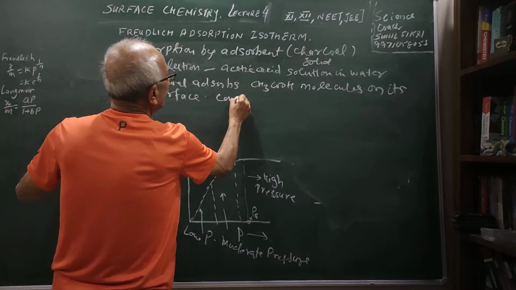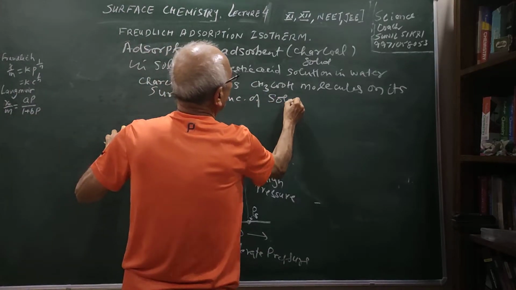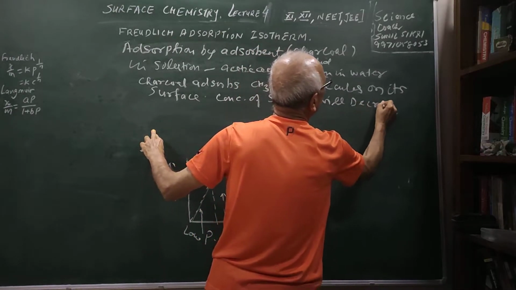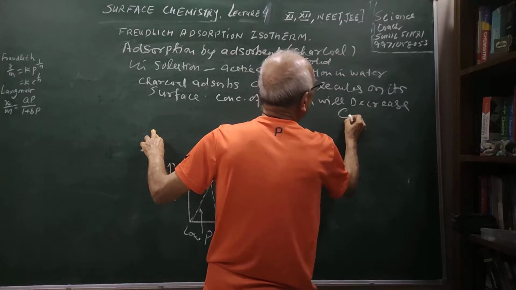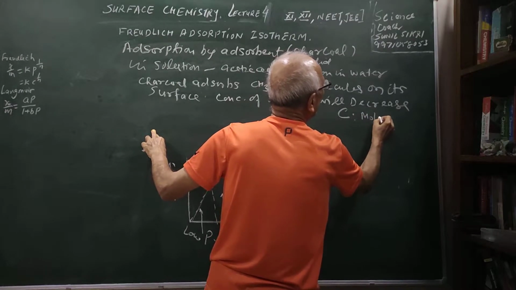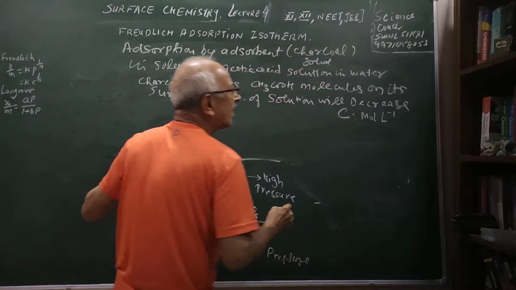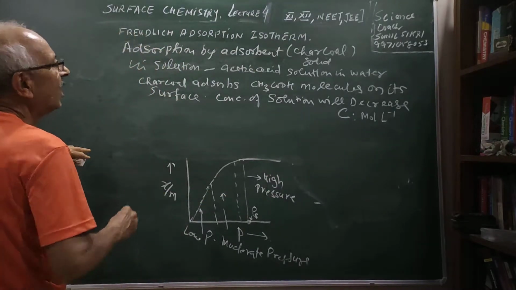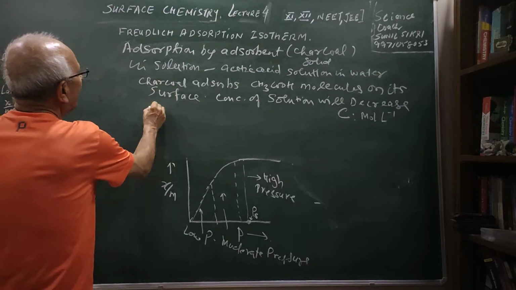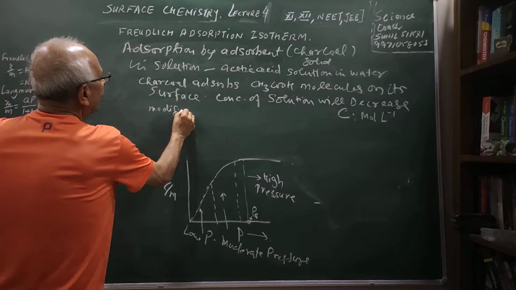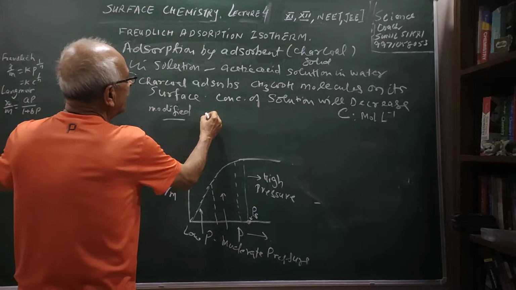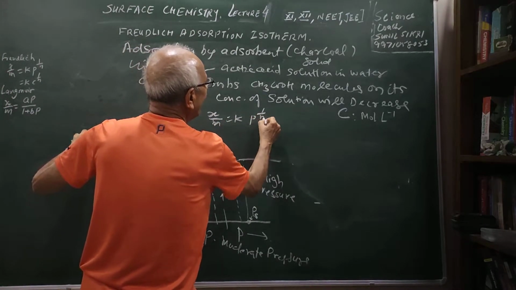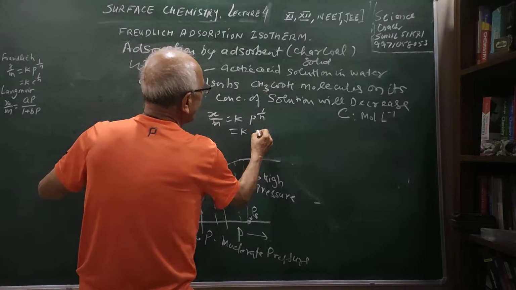The concentration of solution will decrease, which can be found experimentally. C is the molar concentration of the solution in moles per liter. There will be a decrease in this molar concentration, and he modified the Freundlich equation x by m is equal to k P power 1 by n by using concentration instead of pressure.